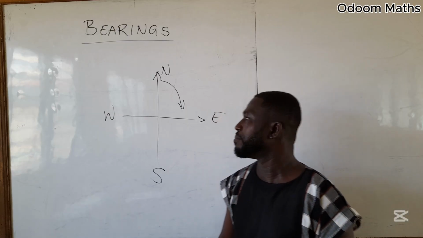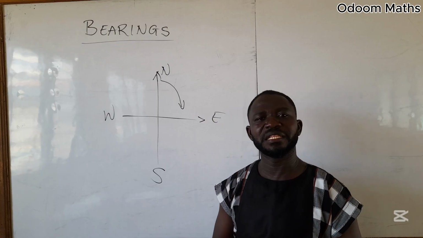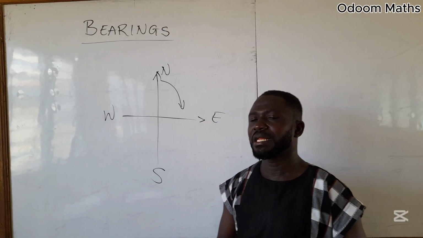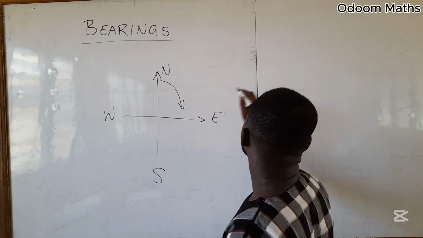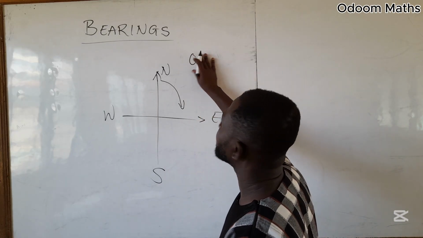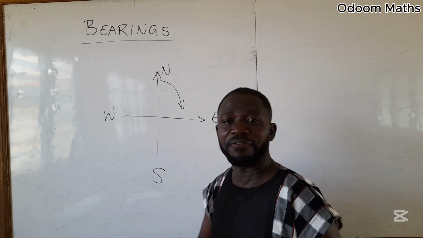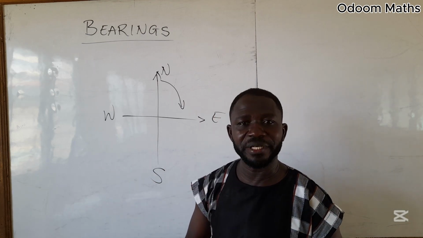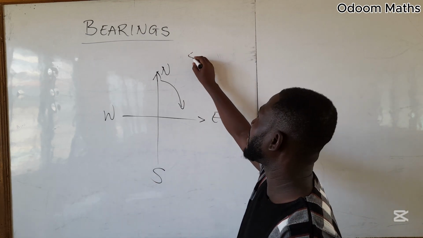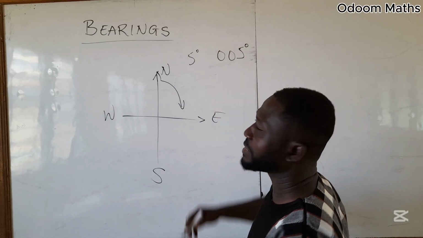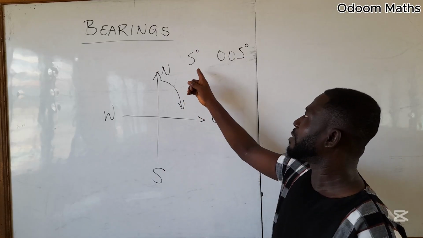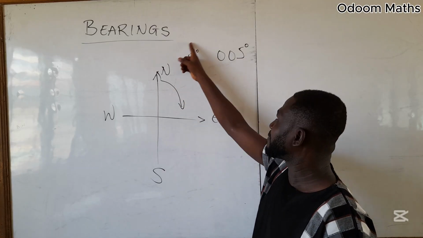Bearings are also written or given in three figures. For example, when you are told that the bearing of A from B is 5 degrees, you are not expected to write 5 degrees, but rather 005 degrees. So don't write the bearing of A from B as just 5 degrees.